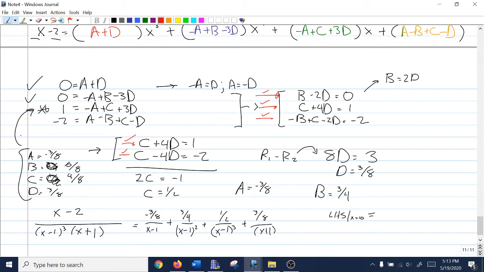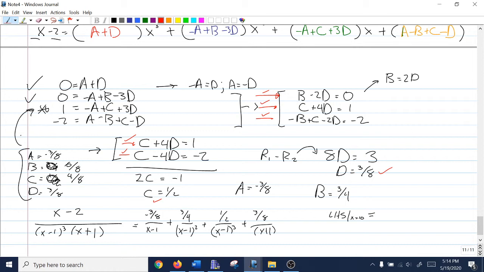Add the two lines together, get 2C equals negative 1. This seems correct. That row minus that row, C minus C cancels. 4D minus negative 4D is 8D, seems correct. 1 minus negative 2 is 3. That seems correct. So D should be 3/8, B is 2D, should be 3/4, and A is negative D, should be negative 3/8.